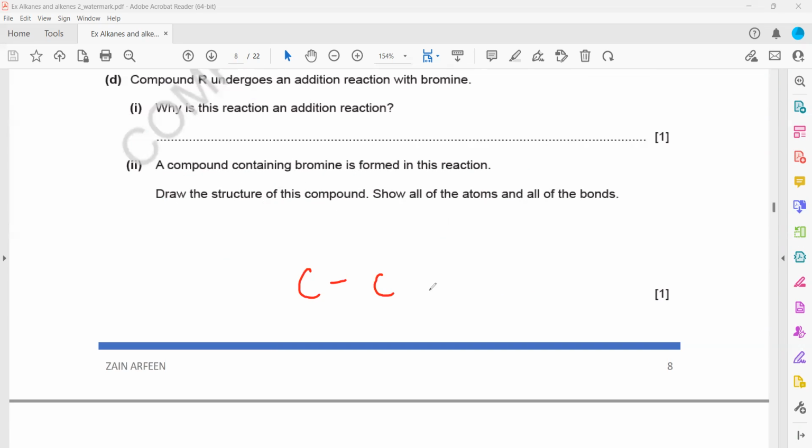We have to show all the atoms and all the bonds. So this was CH2, then this was CH, and this is CH3. The double bond will break, and the bromine is added to each carbon. This is an example of an addition reaction.